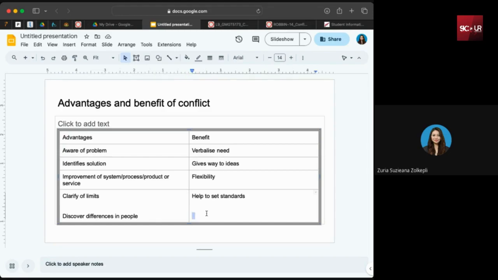So when we discover differences in people, the benefit we can take is that we can develop what we learned last week, which is EI. Develop and enhance your EI, emotional intelligence. This is the way that you will understand yourself better.